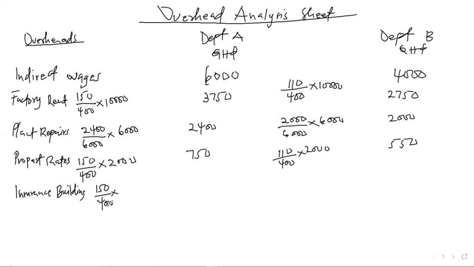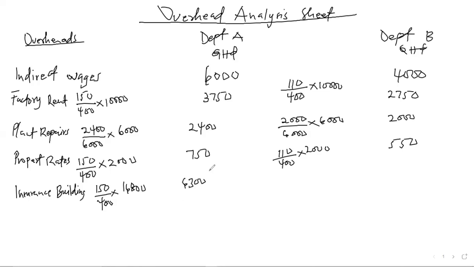Okay, sorry, we can still do the insurance building before we come back to the plant depreciation. So let's continue with that. Is it 16,000? It's 16,800.